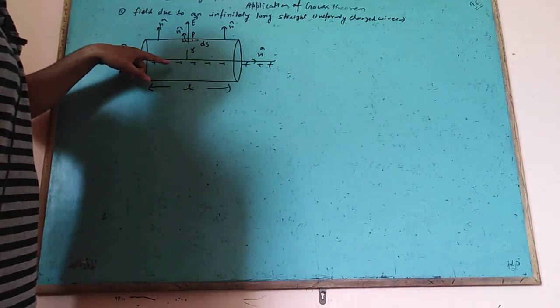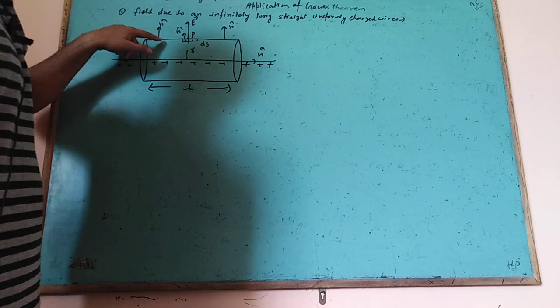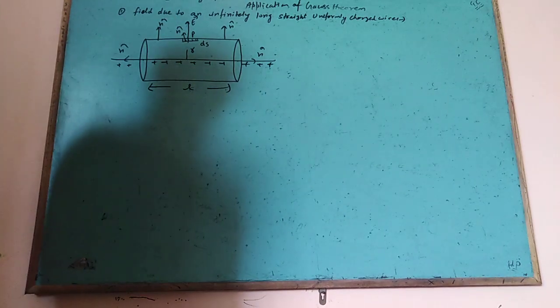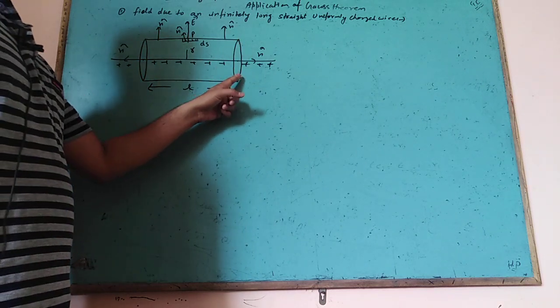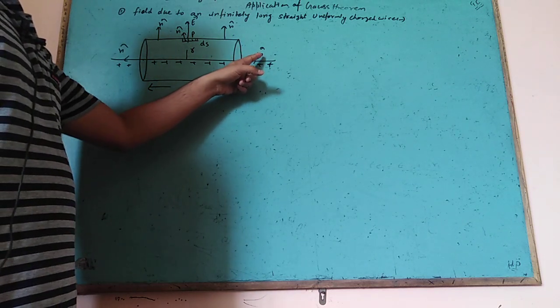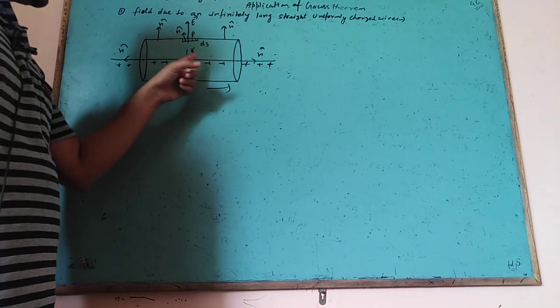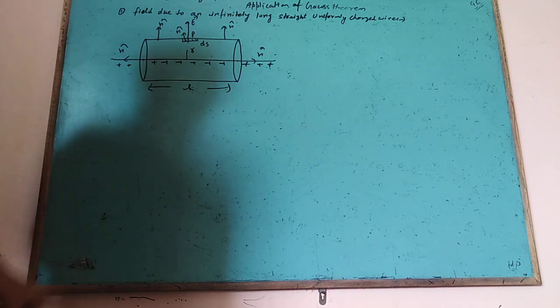The value of the electric intensity on the curved surface of the cylinder is the same. But at one end of the circular cylinder, n cap and the electric field vector make an angle of 90 degrees, so there is no flux created.